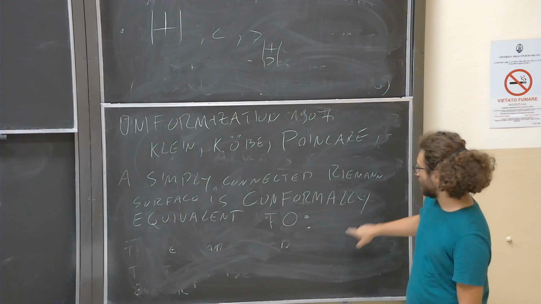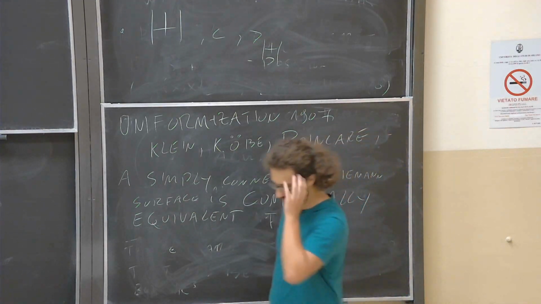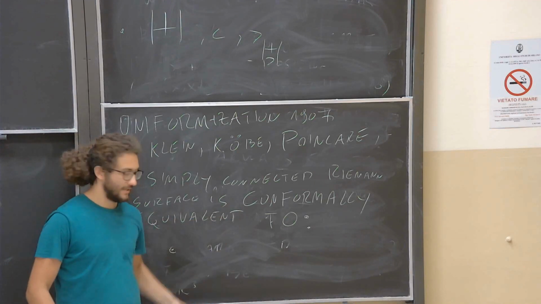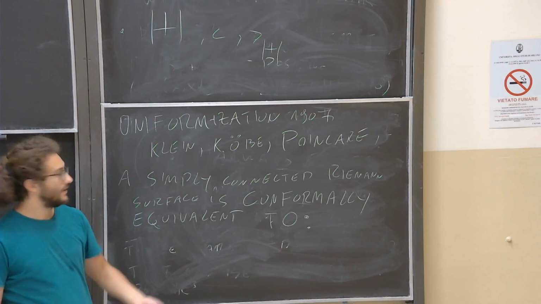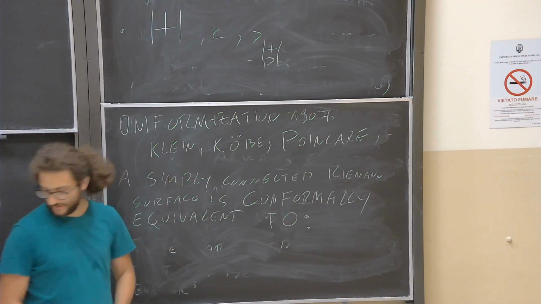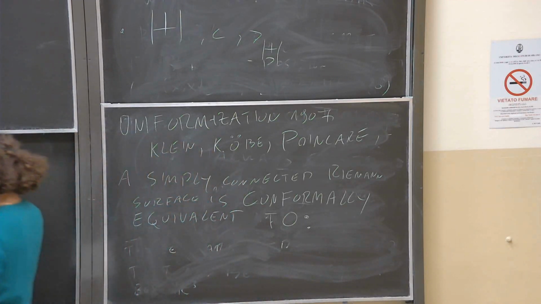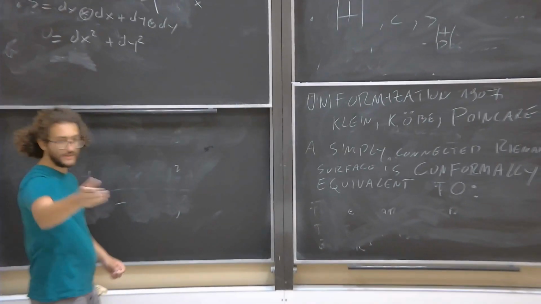Conformal equivalence is something that you have already seen, and so maybe you're starting to get used to it. You've already seen it in Mattia's talk and also in Francesco's talk, and of course, Giovanni's talk.